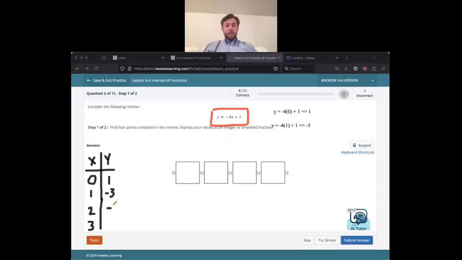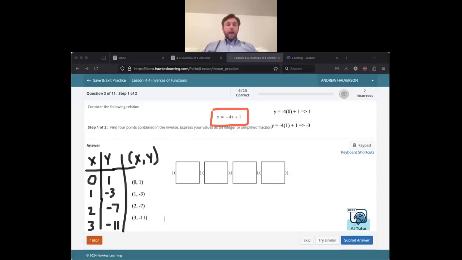So that becomes -7, and that becomes -11. These are the ordered pairs, remember? They create x, y ordered pairs. So what are those ordered pairs? I'm going to type now. 0, 1; 1, -3; 2, -7; 3, -11.